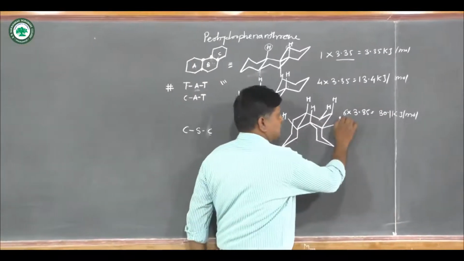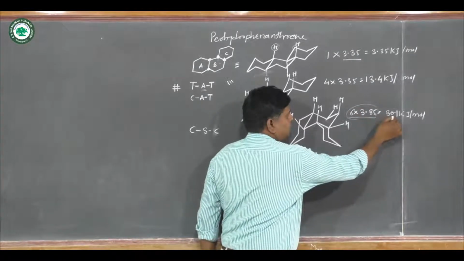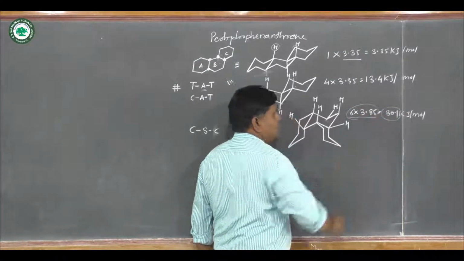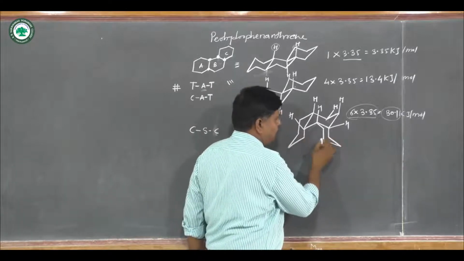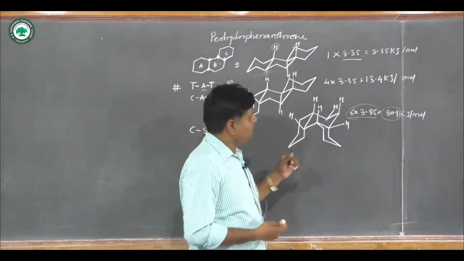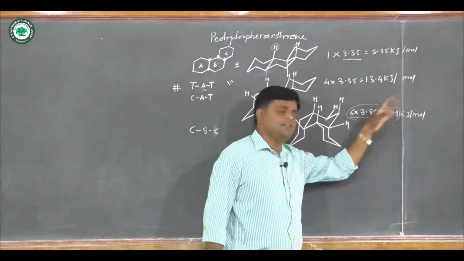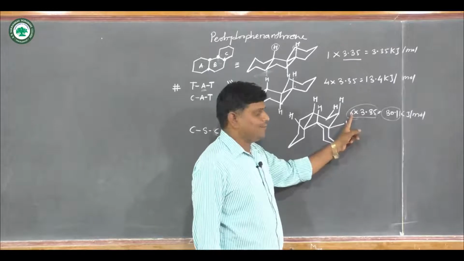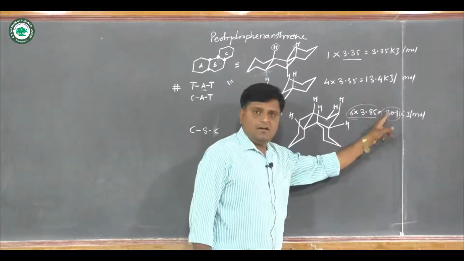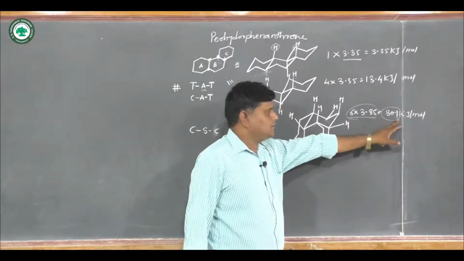Why? Because this is somewhat less, and this was calculated when both rings are on the same side. At that time it can increase the actual energy, so the total energy is near about 30.1. When we calculate 3.35 times 6, it is not equal to this one, but the total energy is 30.1.